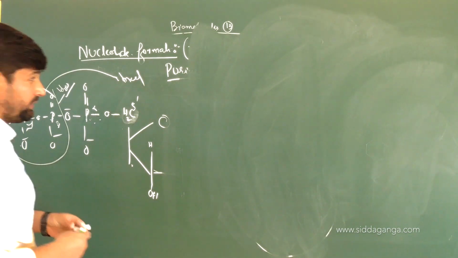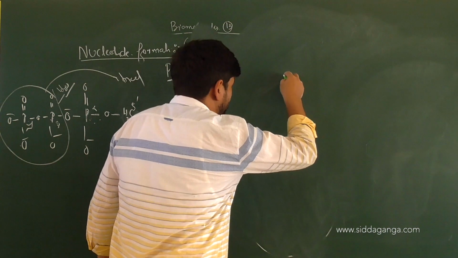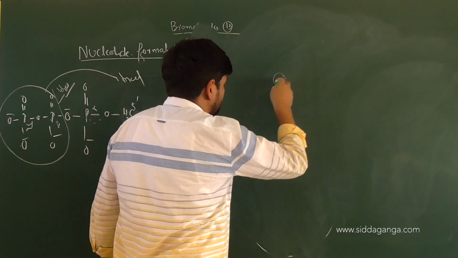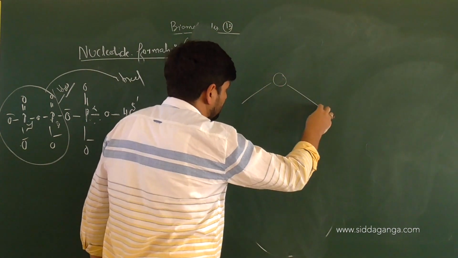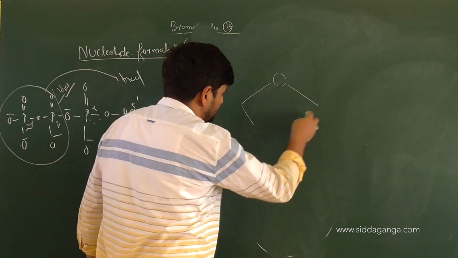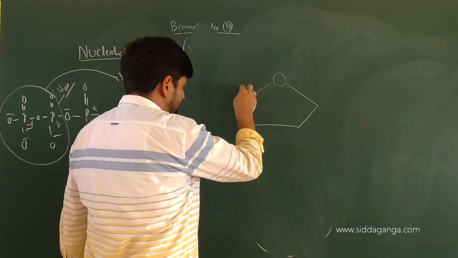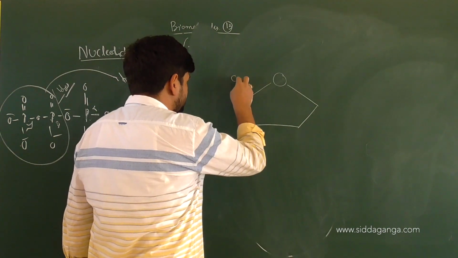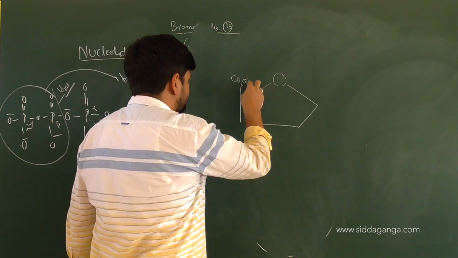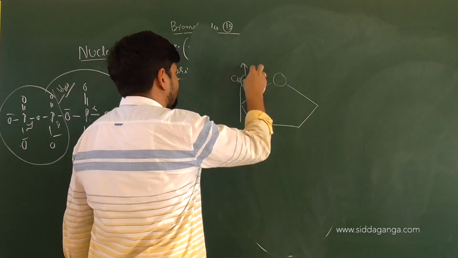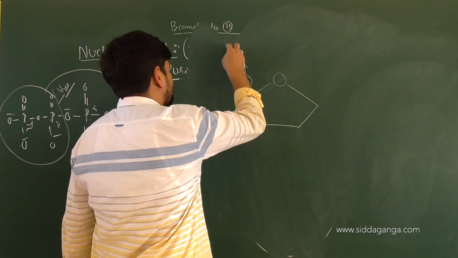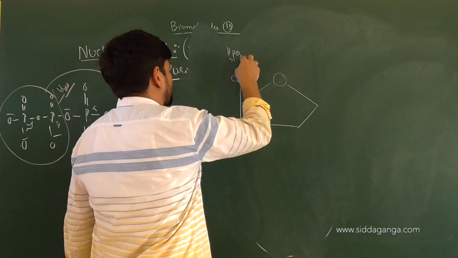Now have a look carefully. So we had ribose. There, what was the group here? CH2OH removed when it was interacting with H3PO4.